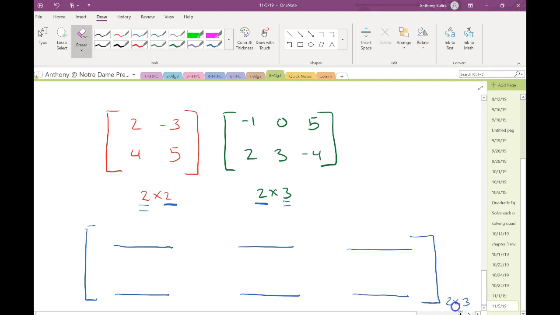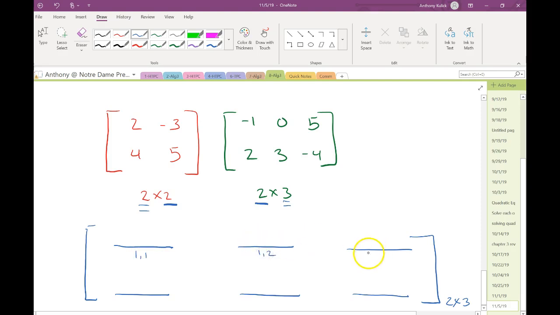Okay. Remember when we name the entries in our matrix, this would be entry 1,1 because it's in the first row and first column.